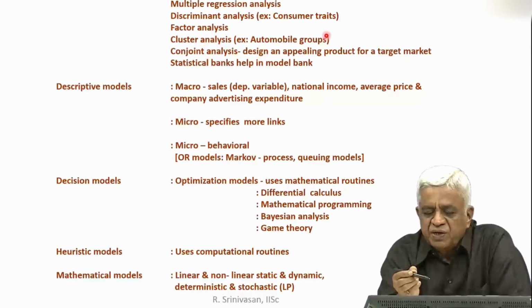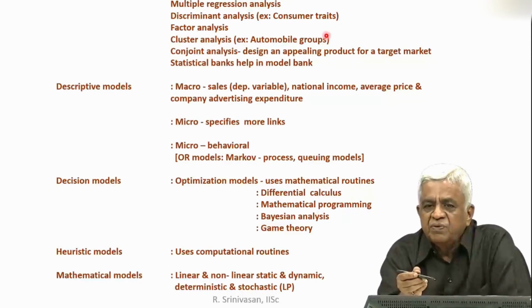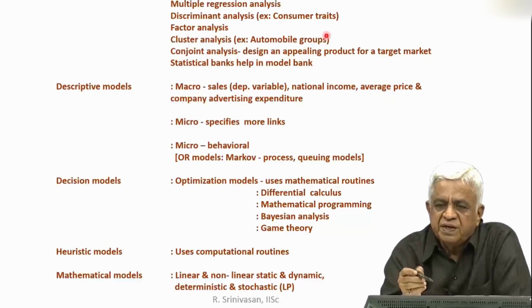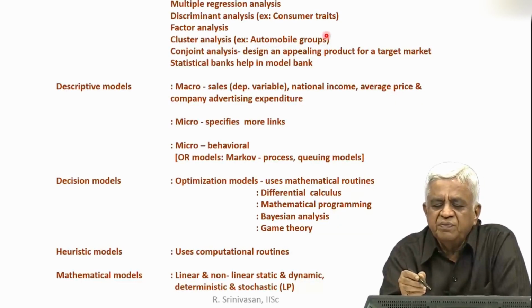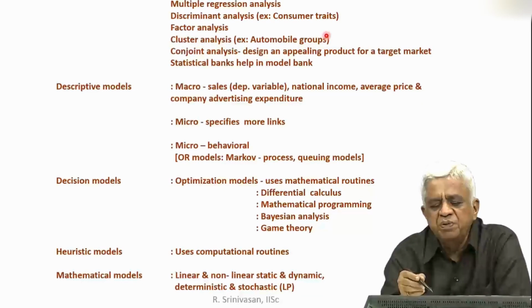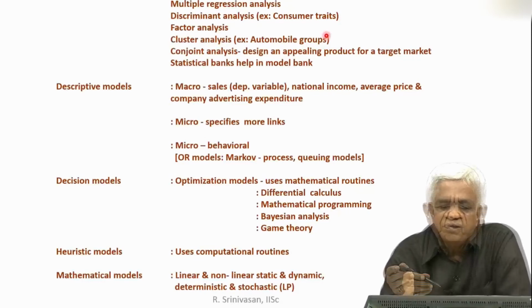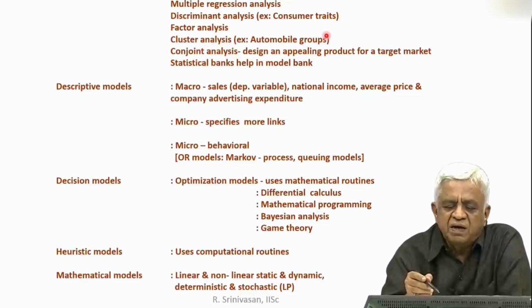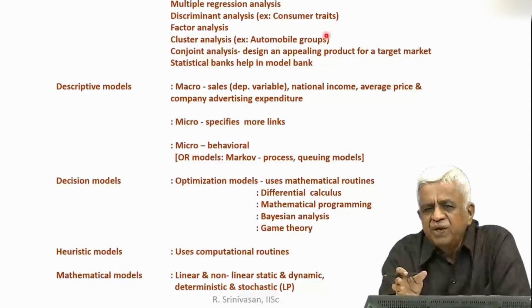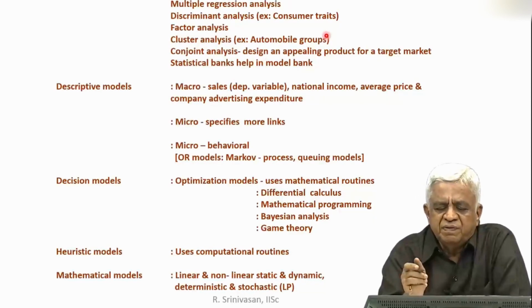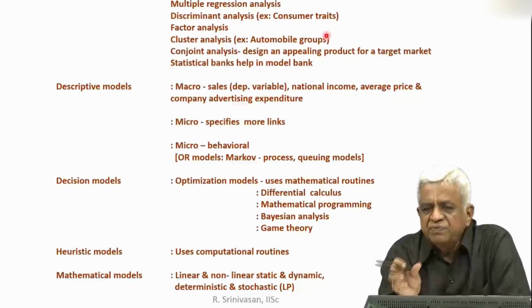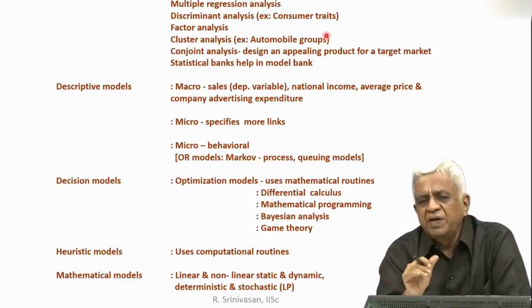Second thing which you can see is their social characteristics, that is the way they mix with the social class of people may also be different. So all these factors are captured using discriminant analysis. So the traits of the consumer for different products.